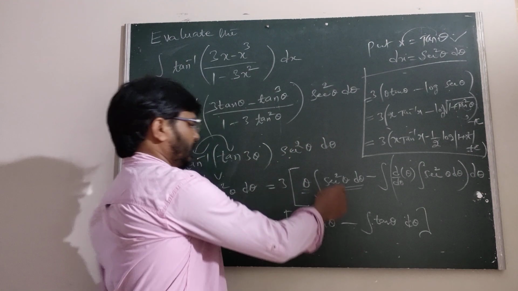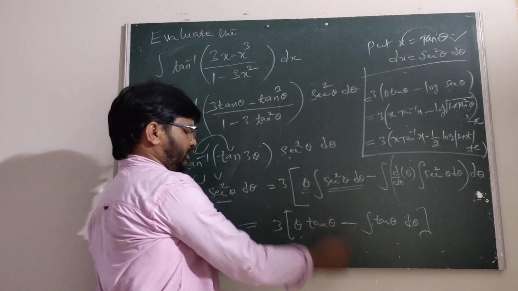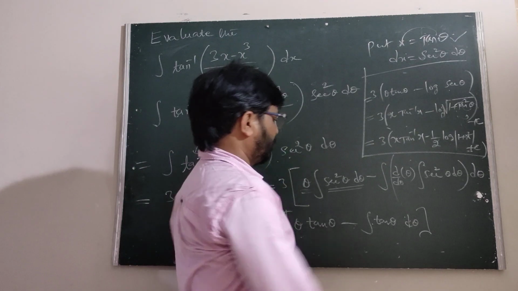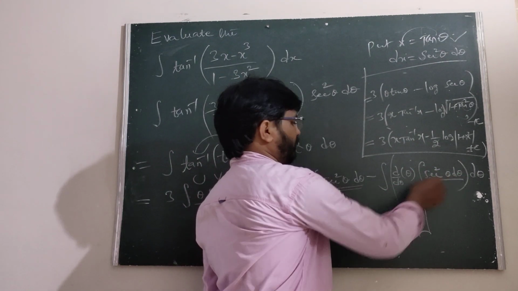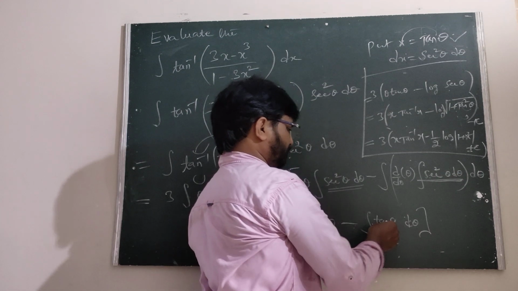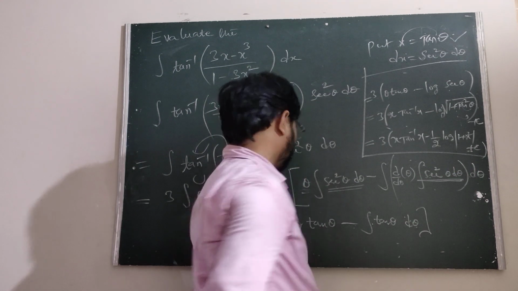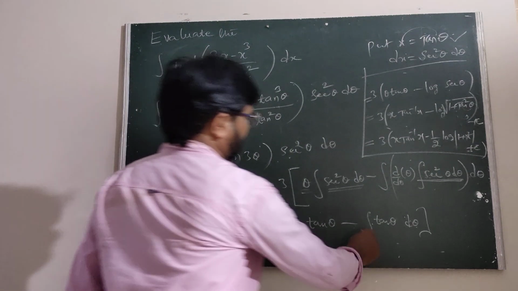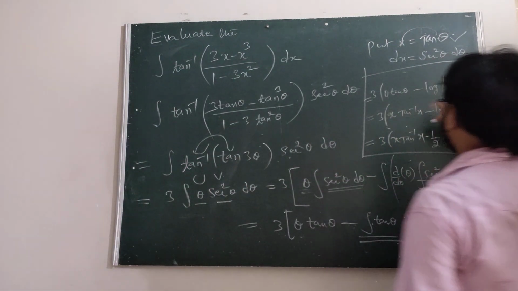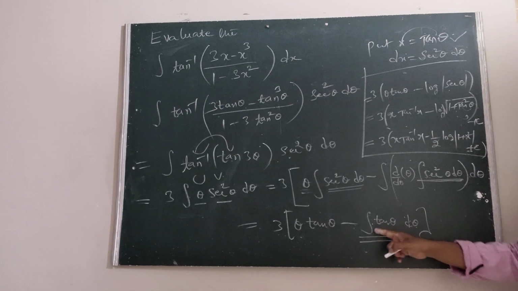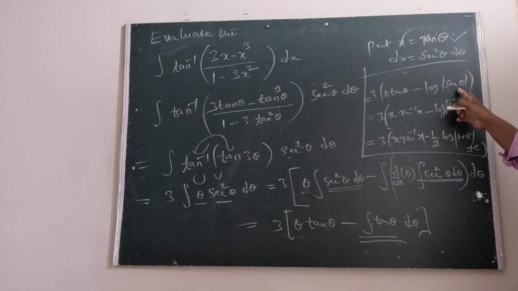The integral of secant square theta is tan theta. Now the derivative of theta is 1 with respect to theta. The integral of secant square theta d theta is tan theta. Here the remaining is d theta. Now we can write the integral of tan theta is log mod of secant theta.